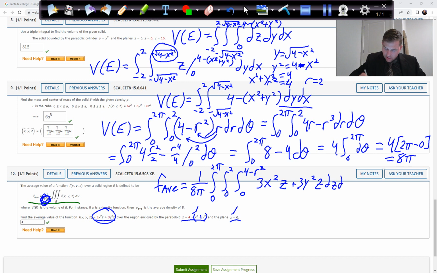See, this is where I probably shouldn't have jumped ahead. Let's not make this r yet, minus x squared plus y squared dz, but then it is r dr d theta.